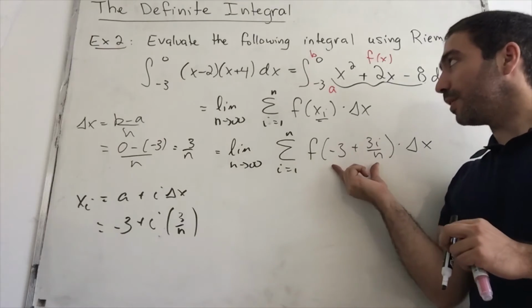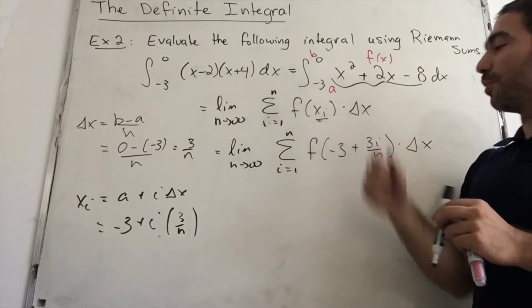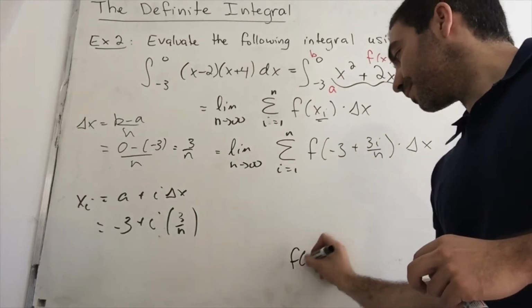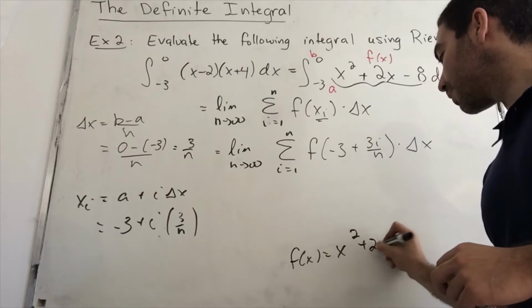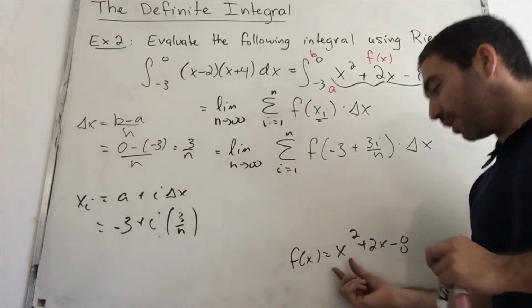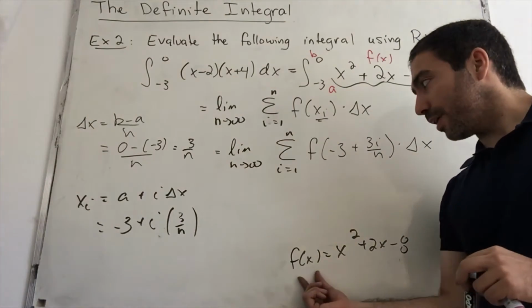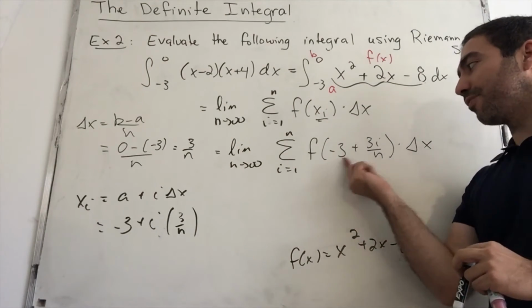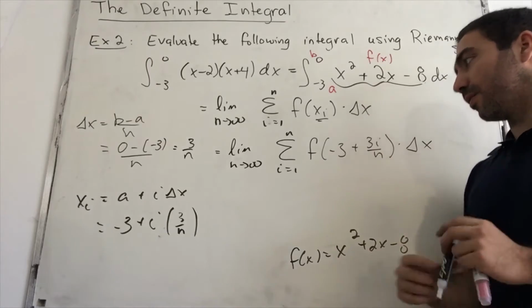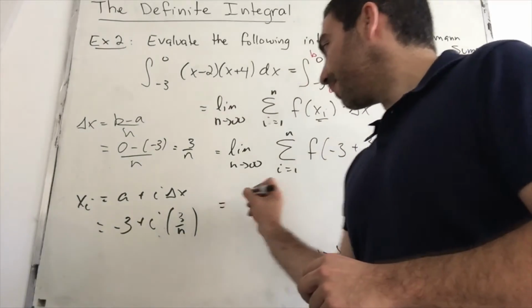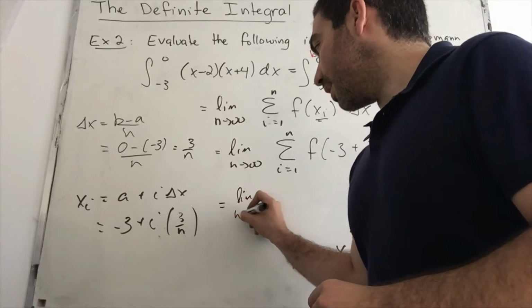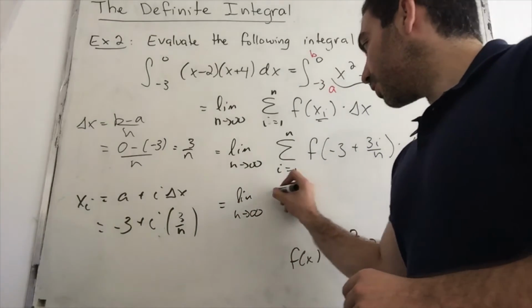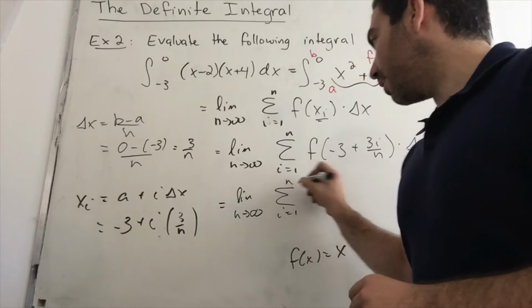So you're substituting all the x's in our function, because our function that we're dealing with, f of x, from up here, it's in the integrand, is x squared plus 2x minus 8. You're substituting all the x's in here with what's in the bracket here, -3 plus 3i over n. Okay, so we're going to get a large value. What we get is limit as n goes to infinity, summation i equals 1 to n.